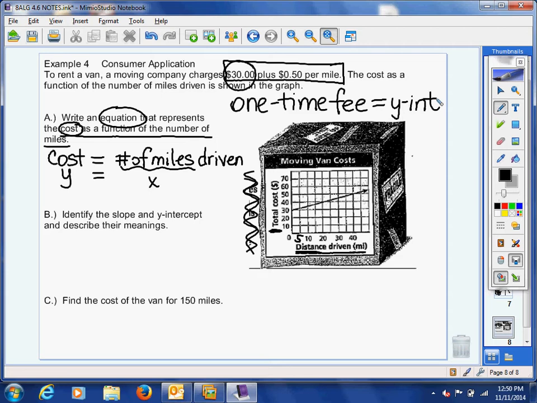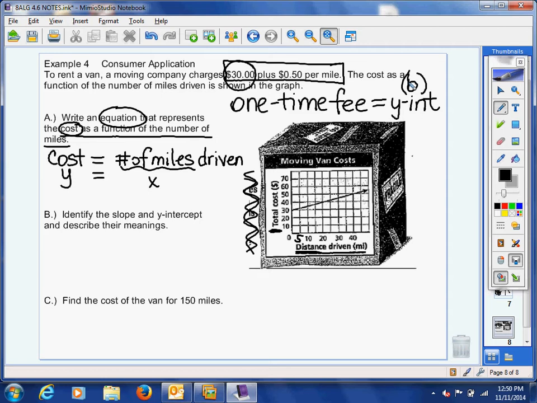So that's your flat rate, one-time fee. That will always be your y-intercept, and in our equation, that's going to be b. That's true for every flat rate, one-time fee, numbers that don't have a variable attached to it. Anticipate that number being your y-intercept, okay?